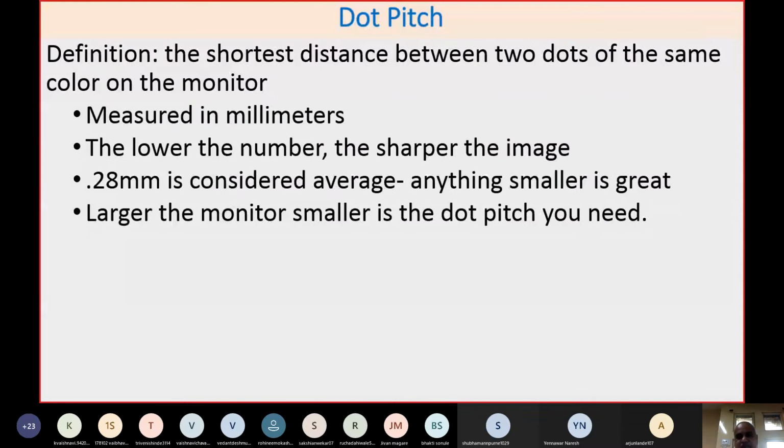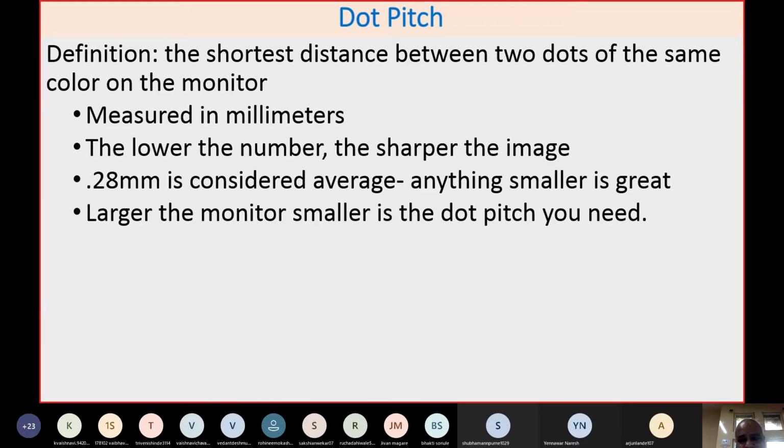Then another definition related to this is dot pitch. This dot pitch or dots is normally used for printers or any images. In images, like pixels, dots are again the smallest elements of that particular image. So when we say the definition of dot pitch, it is the shortest distance between two dots of the same color on the monitor.